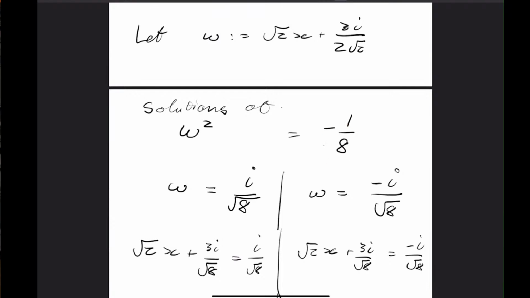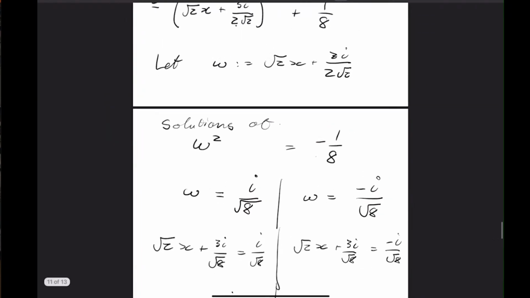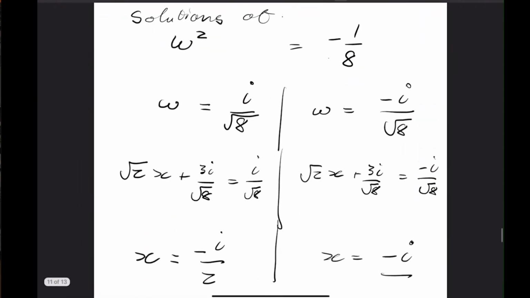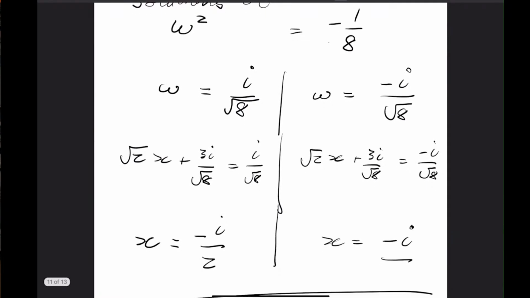One of the square roots of minus 1 over 8 is i over the square root of 8, and the other is minus i over the square root of 8. It is very important to be able to find the nth roots of complex numbers.